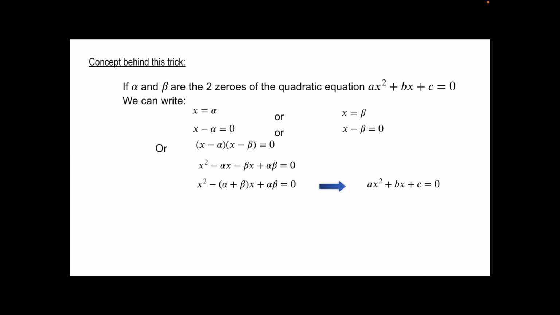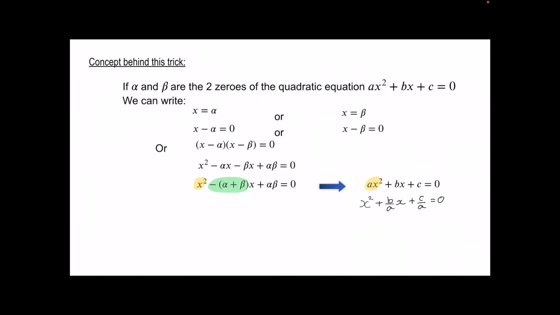So when we compare these two quadratic equations, the first thing is the coefficient of x squared. To make equal coefficients of x squared, we have to divide the equation by a. So we get x squared plus b upon a x plus c upon a equals to 0.